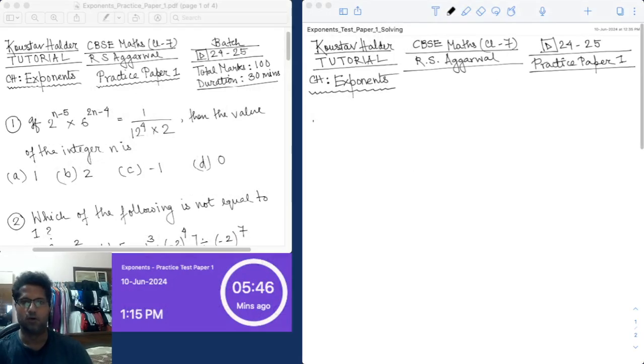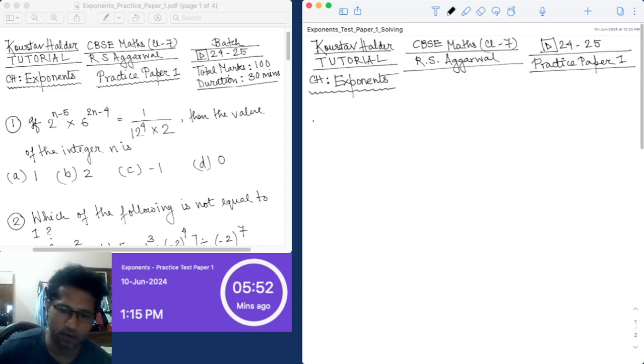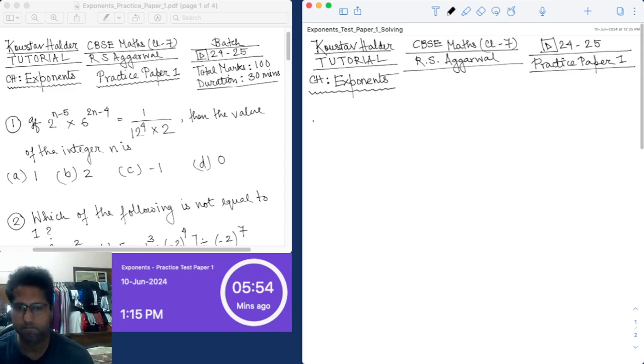Okay, so I have the test paper on the left hand side, and on the right hand side I will solve the paper. Let's create a timer of 30 minutes. So let's say 150. If I do 150, yeah, it is roughly 28 minutes left.